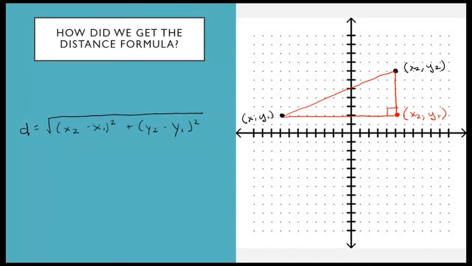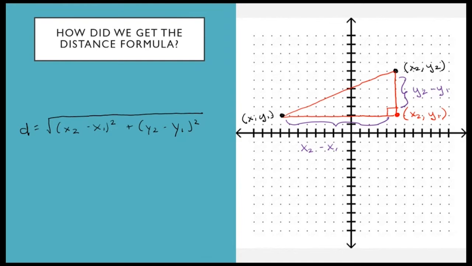So the horizontal distance is x2 minus x1, because we usually take the right minus the left. And the vertical is y2 minus y1. We just take the top minus the bottom, basically the bigger minus the smaller, so the order here doesn't really matter.